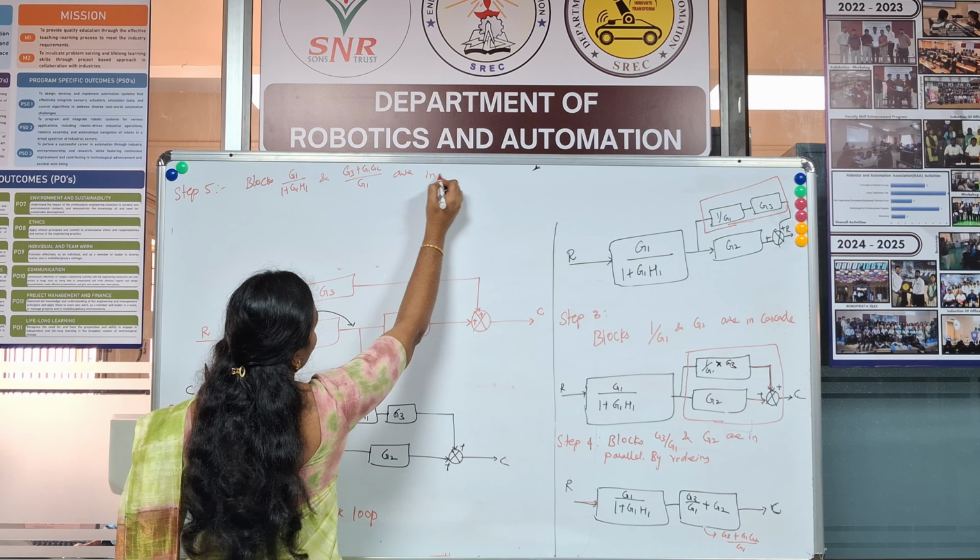This is your C and this is your R. So the value of the transfer function, C by R, is nothing but G3 plus G1 G2 divided by 1 plus G1 H1. This is how you need to simplify a block diagram. You need to apply the rules to simplify a given block diagram, and you need to obtain a transfer function.